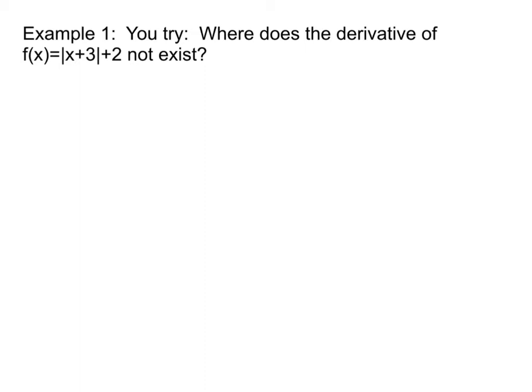Okay, hopefully you know that this function is just the absolute value function, and it's shifted. That makes it left 3 and up 2. So we'd have our function here, left 3, up 2. Absolute value would look like this. So where does it not exist?